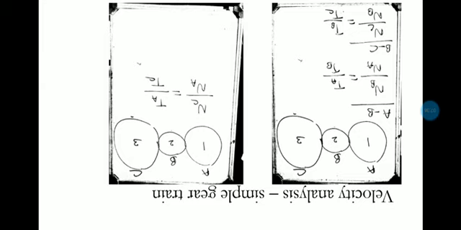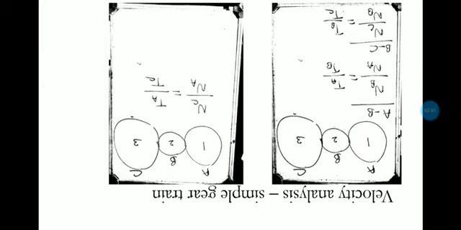You remember that. We can say omega is proportional to N, so anything applicable to the omega ratio will be applicable to the N ratio also. So NB by NA equals DA by DB or RA by RB. Similarly, TA by TB. That is the expression for mesh A and B: NB by NA equals TA by TB, where NA is the speed of A in RPM and NB is the speed of B in RPM.